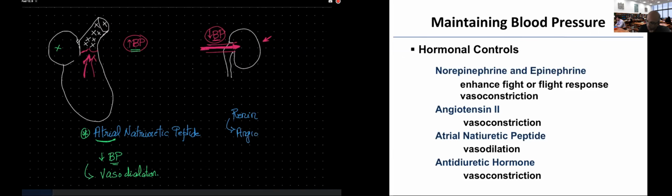So you see here, the production of renin from the kidney resulted in the formation of angiotensin 2. What do you think is going to be the effect of angiotensin 2 on my arteries? Will it dilate my arteries or will it constrict my arteries?